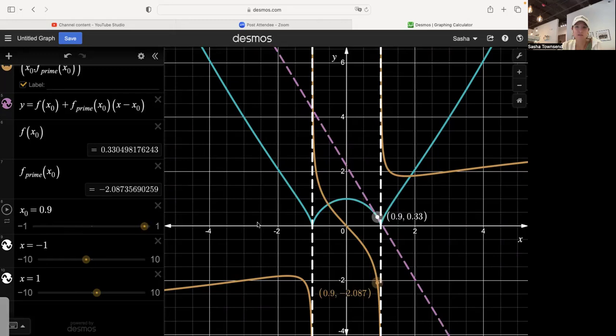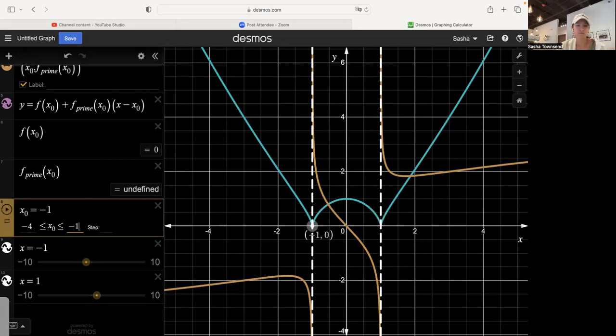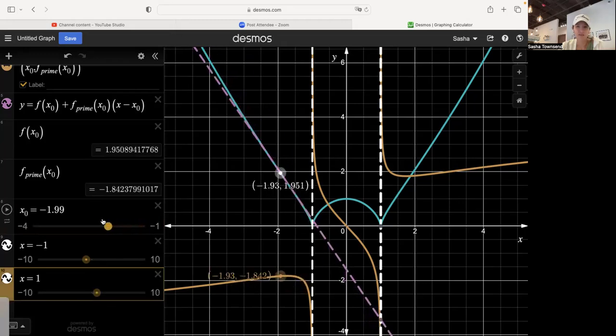And then we could do something similar on these other branches. Let's say from -4 to -1. Pick an x value over there. These all have negative slopes.